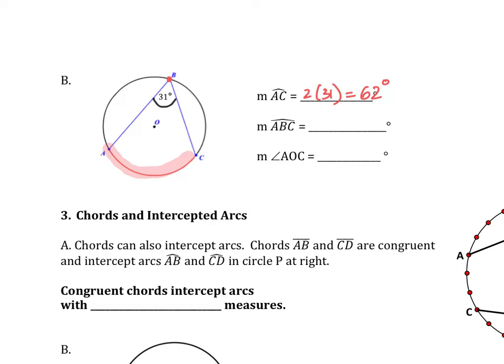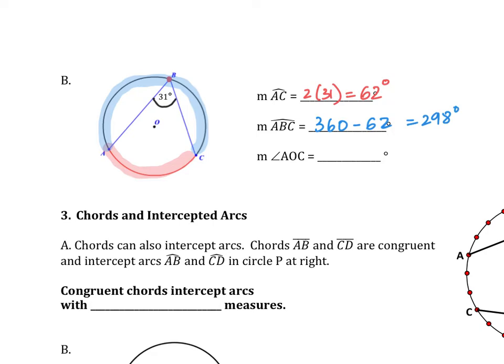So the arc is double the inscribed angle. Now in order to find the measure of arc ABC, I simply do 360 degrees minus 62. Because I know that the whole circle is 360, I know that arc AC is 62. So to find the measure of arc ABC, I do 360 minus 62, and that will give me 298.